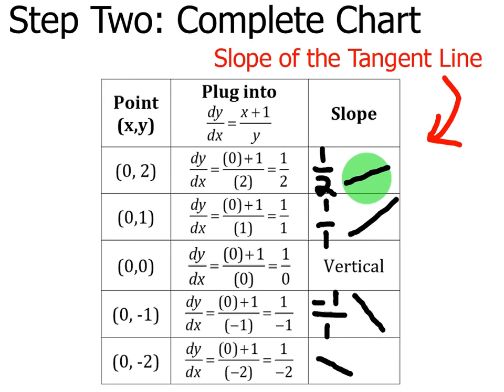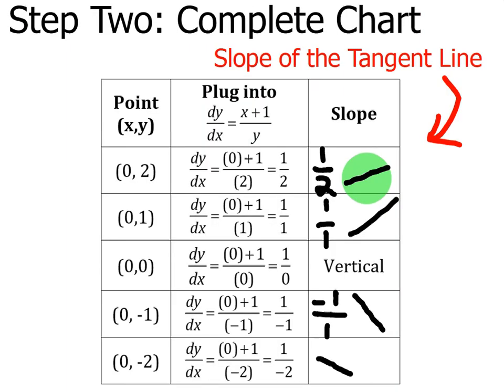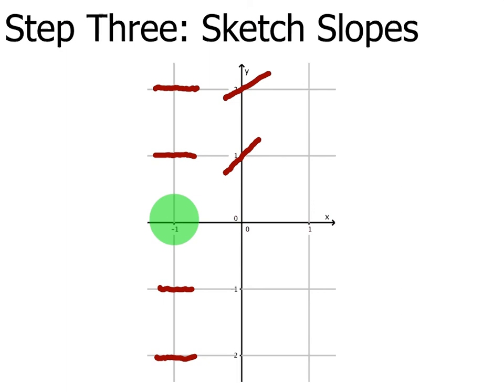Next, at (0, 1), we have a slope of 1, so that is going to be closer to a 45-degree angle. Next, at (0, 0), we have a vertical slope because we got 0 on the bottom, 1 on top. So it's going to look like this. And then I'm just going to reverse that. It's going to be -1 there and -1/2 there.